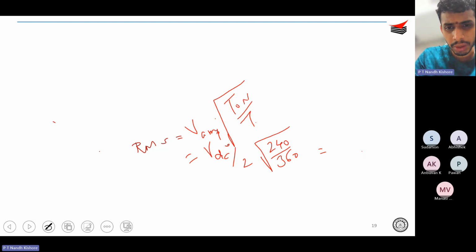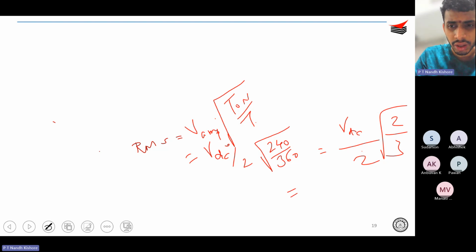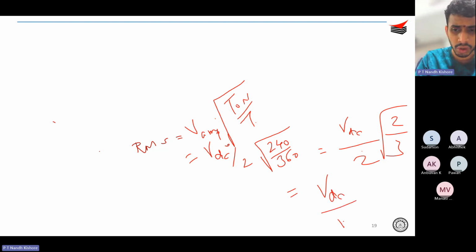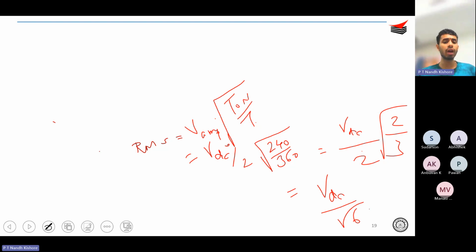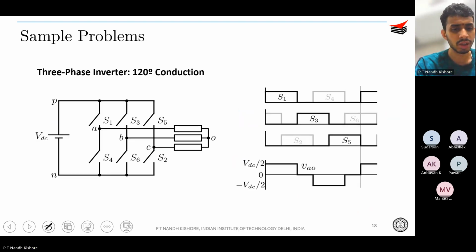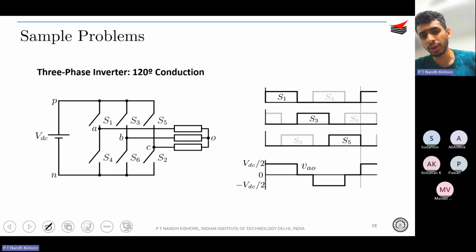Your RMS is going to be VDC by 2 and then root over 2 by 3. Correct? So it is going to be something like VDC over root 6. Right? So this is your RMS value of your VA naught or your pole voltage.